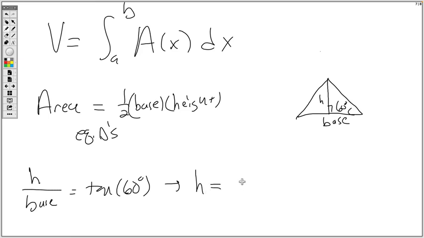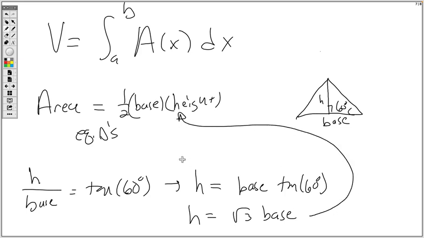So h would be the base times the tangent of 60 degrees. And what's the tangent of 60 degrees? Yeah, √3. So h is equal to √3 times the base. I put that back into here. I get the area is going to be 1/2 times √3, so √3 over 2, times the base squared. You follow? Everybody okay on the geometry there?